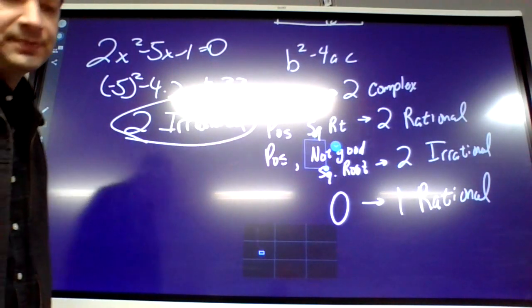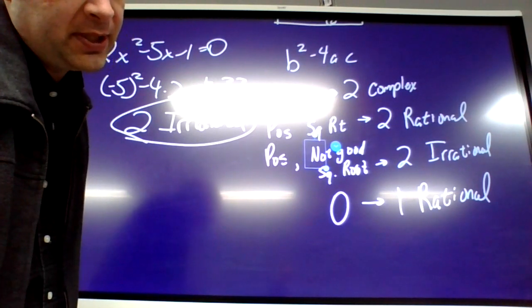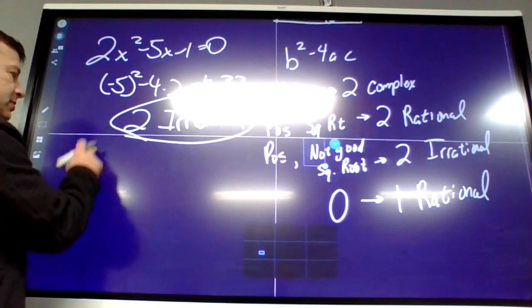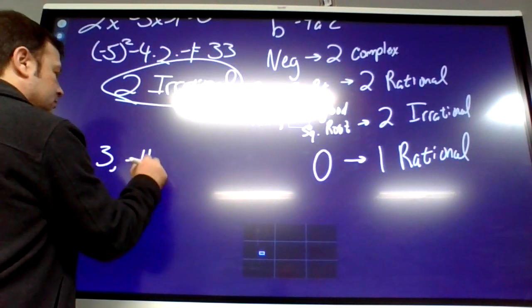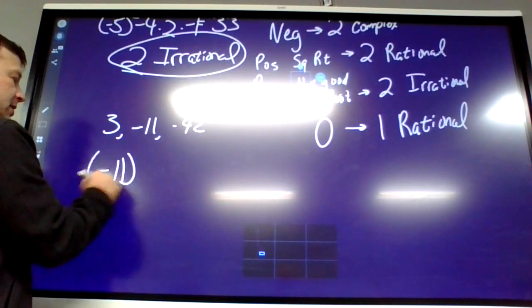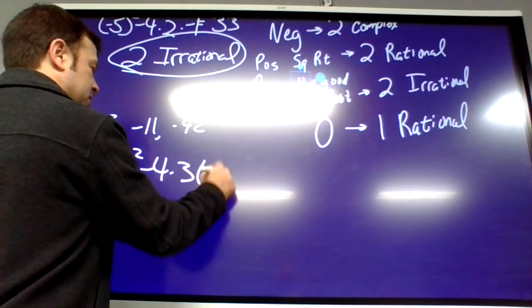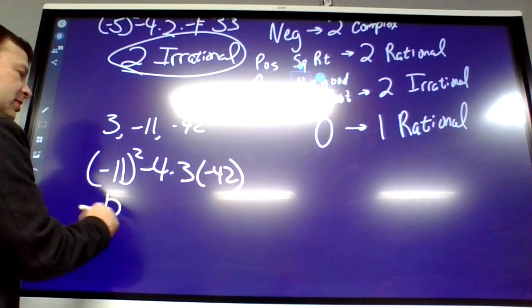What's the next one? 3, negative 11, negative 42. So b squared minus 4ac. Oof, this might be hard for me to do.